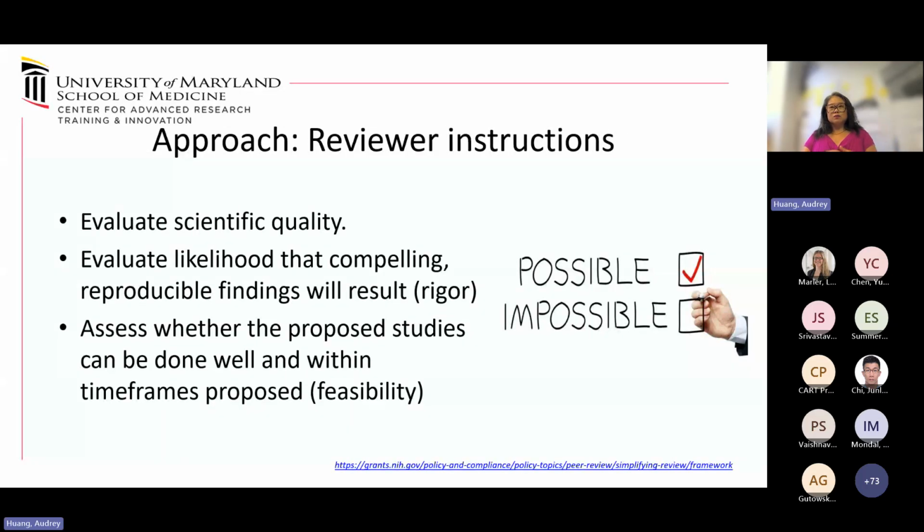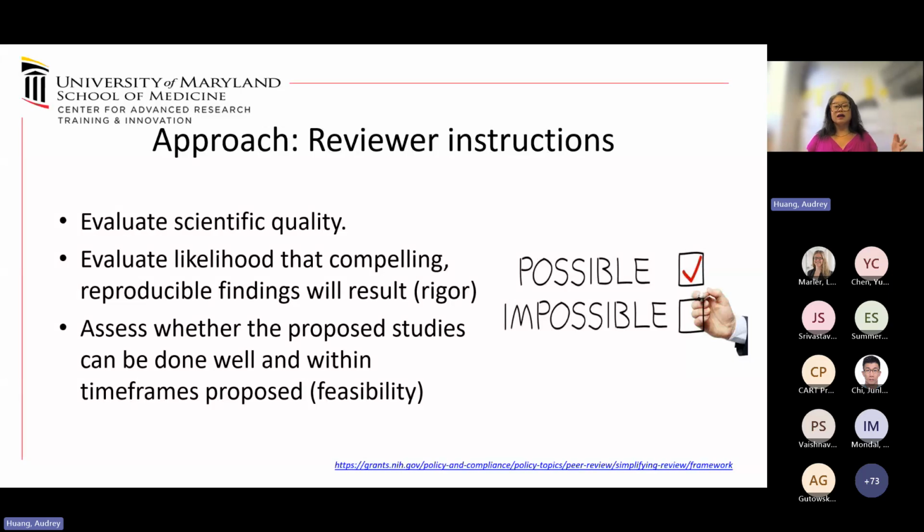So as far as the approach section, reviewers are asked to evaluate the scientific quality, that's not a surprise, to evaluate the likelihood that compelling and reproducible findings will result, okay? And to assess whether the proposed studies can be done well and done within the time frame proposed.